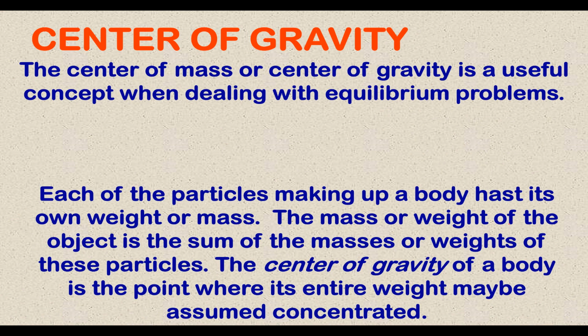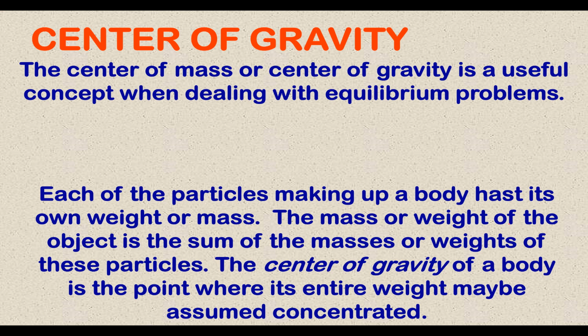Another term that I've already used right now: center of gravity, a COG. The center of gravity, or the center of mass, is a useful concept when dealing with equilibrium problems. Each of the particles making up the body has its own little piece of mass, its own weight, and the weight of all the little pieces of an object becomes its actual weight.